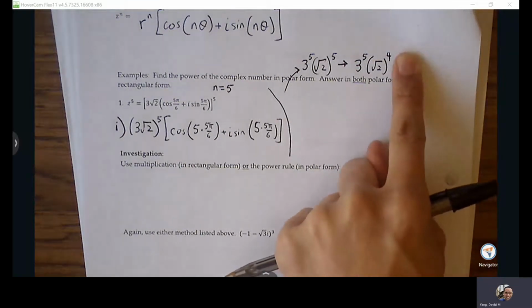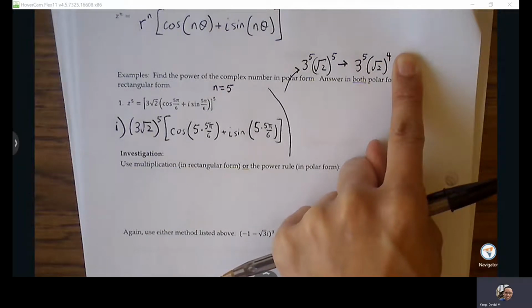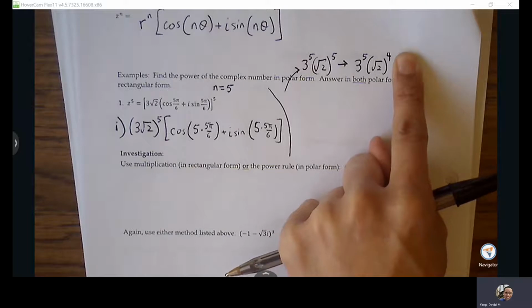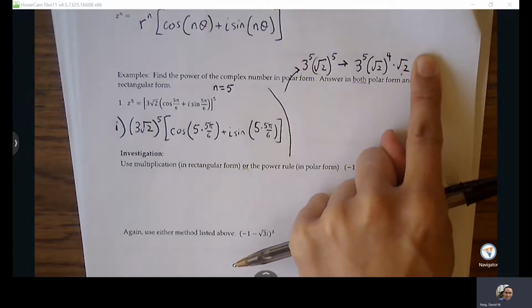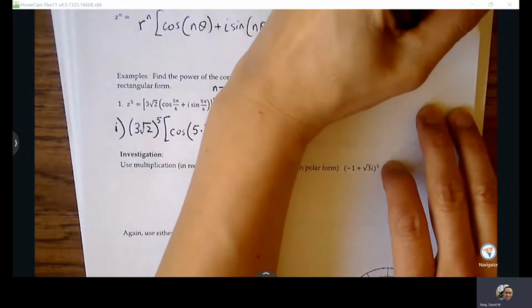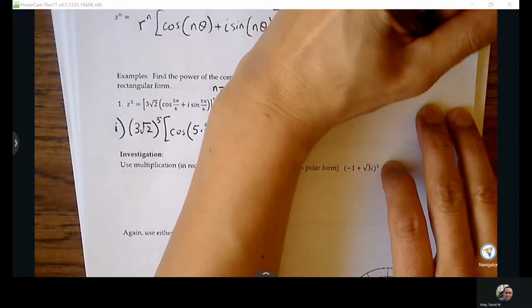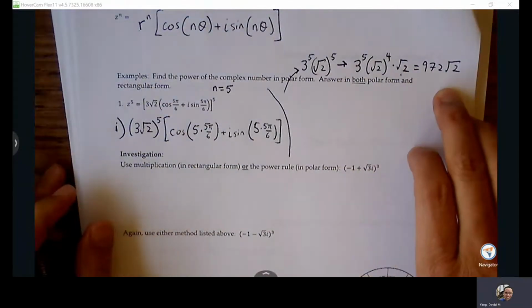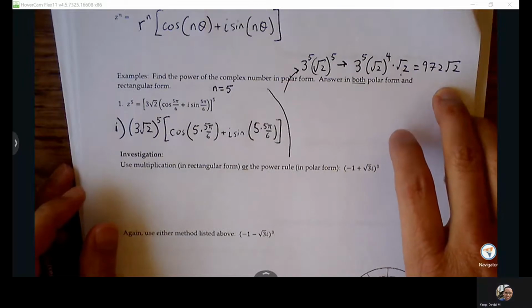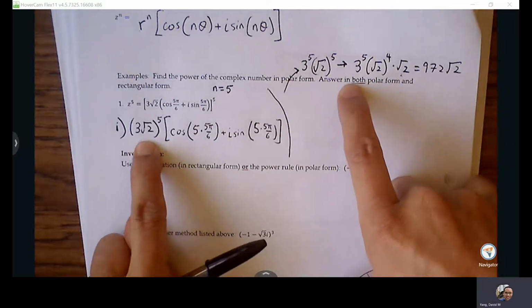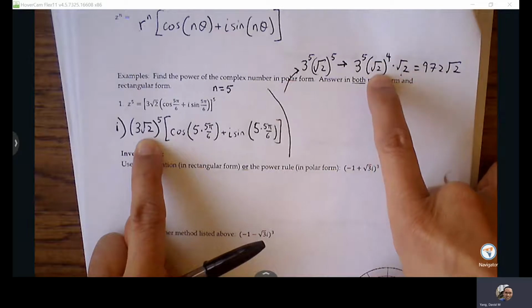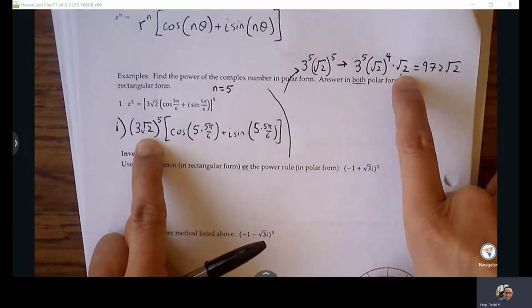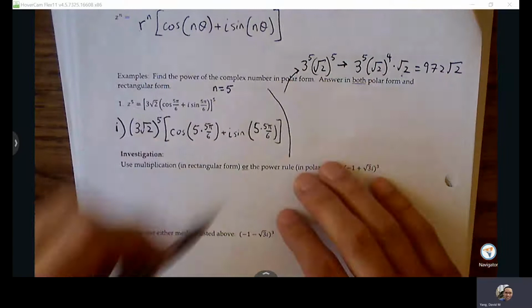If you enter 3 to the fifth times root 2 to the fourth, this will give you a nice whole number, 972, and then you can tack on that root 2. That way we can avoid getting a decimal value. Does that make sense? I'm taking the root 2 to the 4th because I know that's going to give me a nice clean number, and the root 2 will leave that alone. So that's my radius.